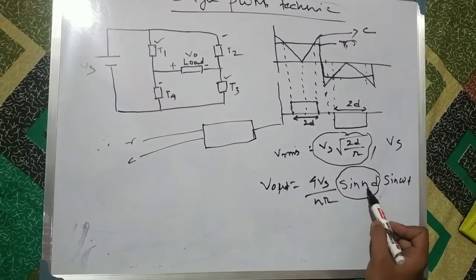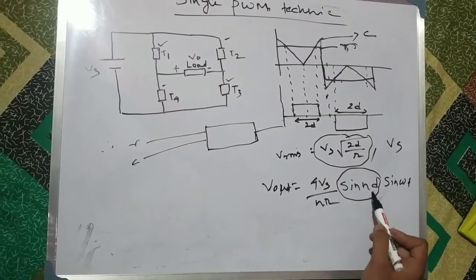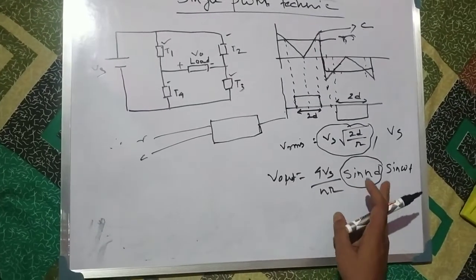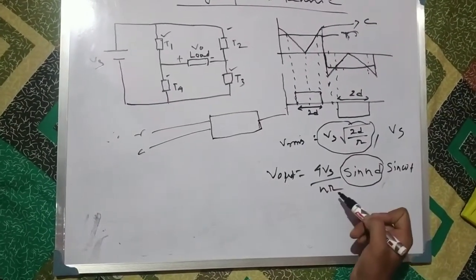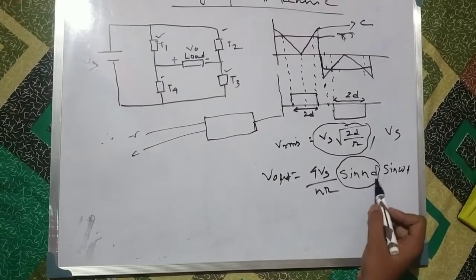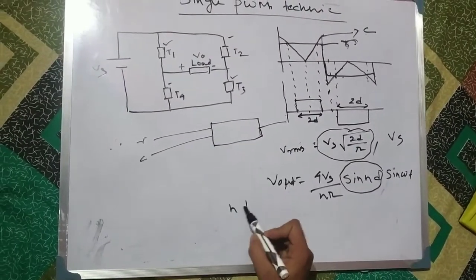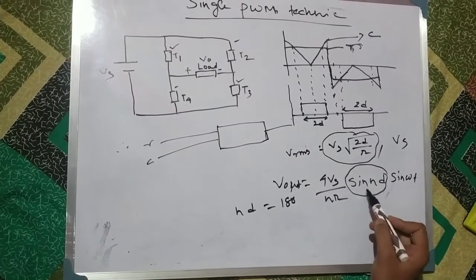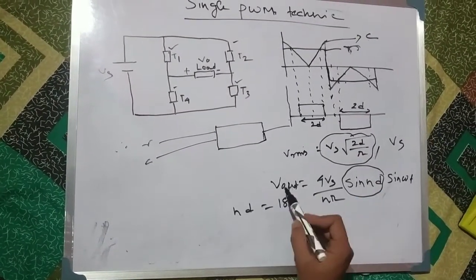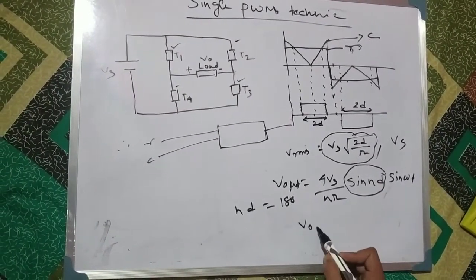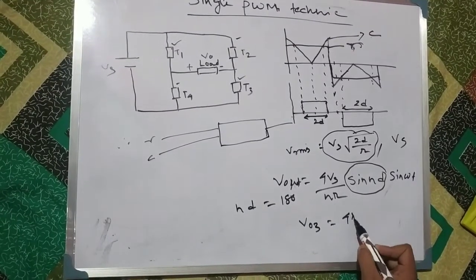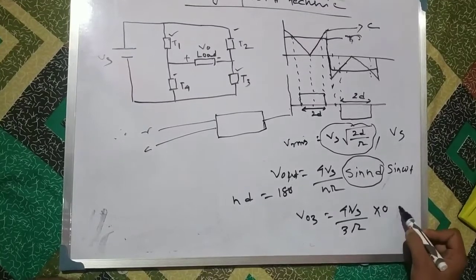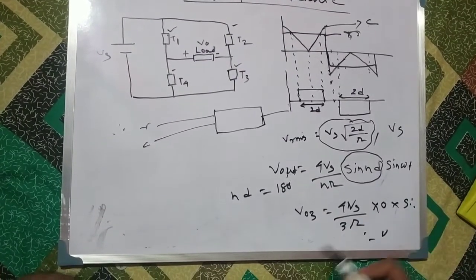By this term we can control the harmonics. If we want to eliminate the third harmonic, then nd should equal 180, because sin 180 is 0. So V03 equals 4 Vs by 3 pi into 0 into something, and we can eliminate the harmonic.